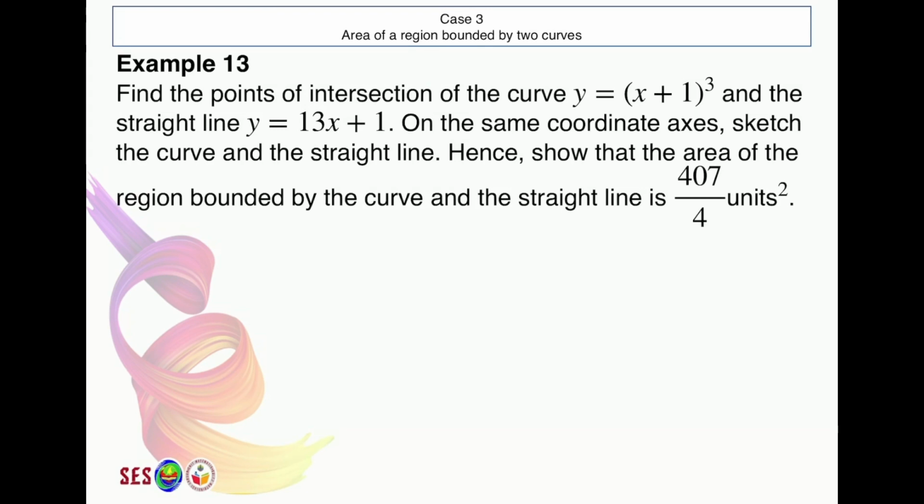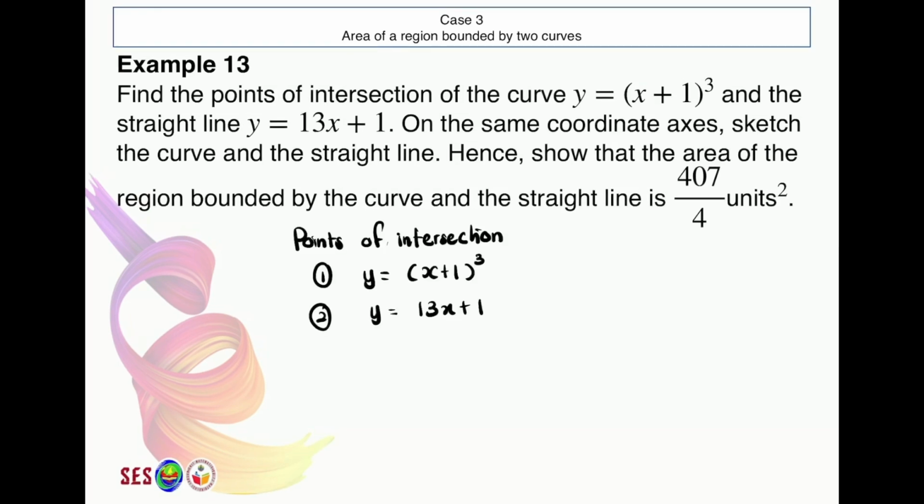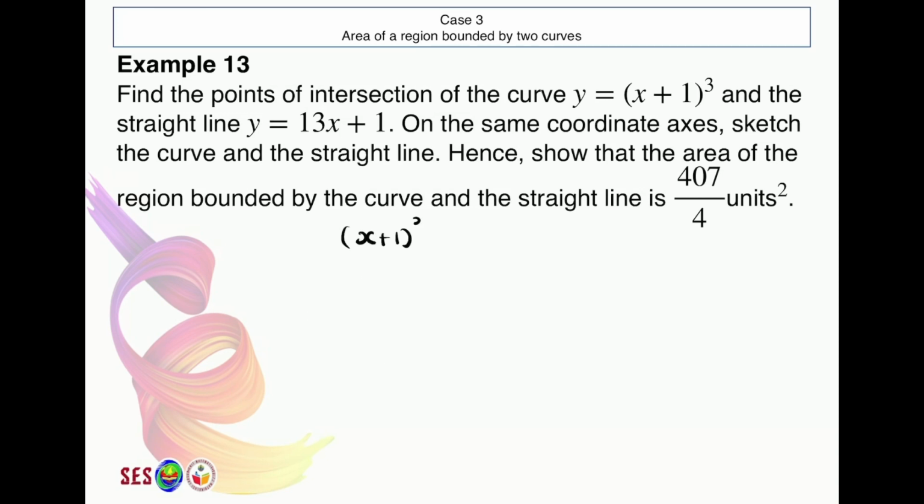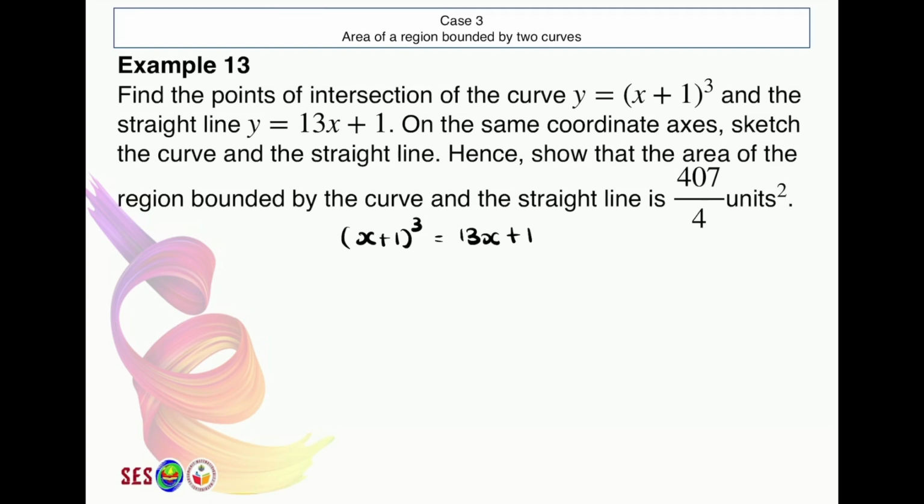Whenever we need to find the points of intersection, you would need to equate both equations together. We're now going to equate equation 1 with equation 2. We then solve to find the value of x.